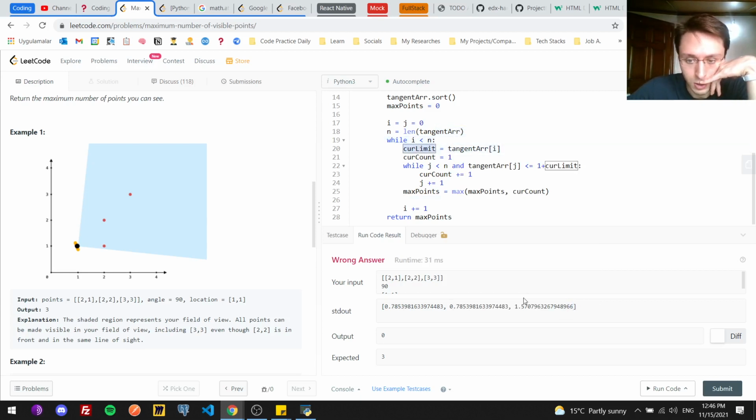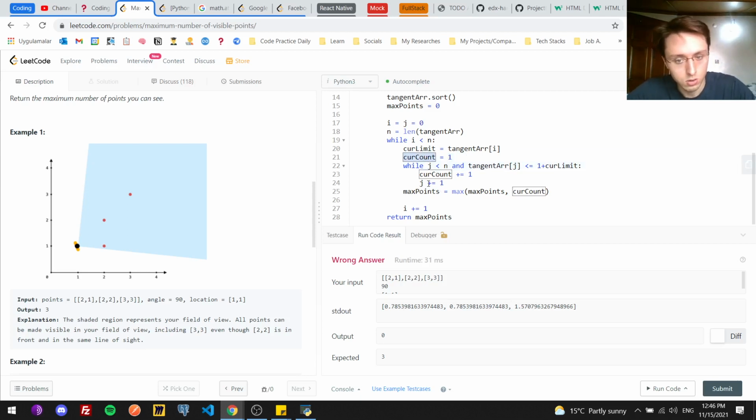And here I go over it, and then I increase j, I'm pointing to 2 because of that. Now I increase i by 1, I come here, current count is 1. Okay, let's see.